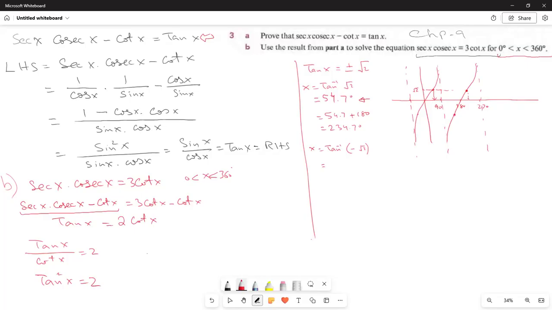This value is 180 minus the same thing. So this answer is 180 minus 54.7, and that comes out to be 125.3 degrees. And next would be, I have to put one more.